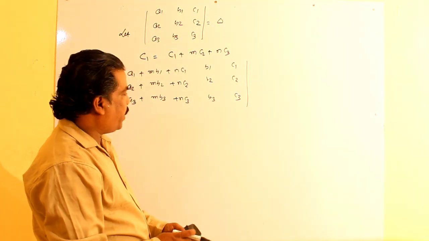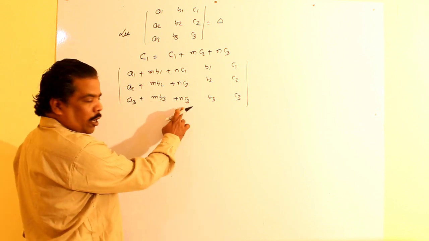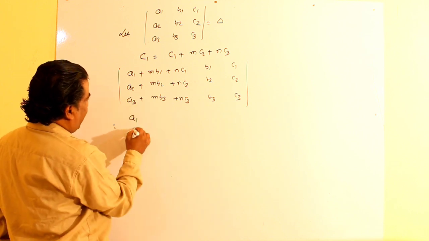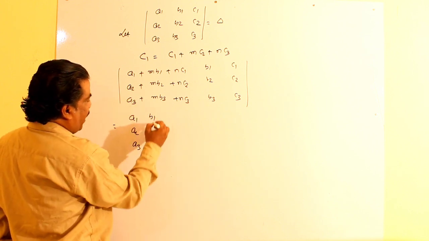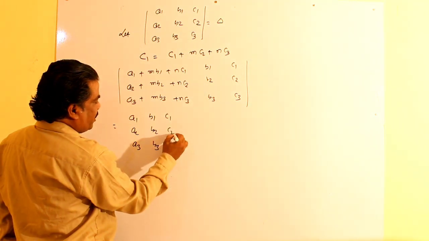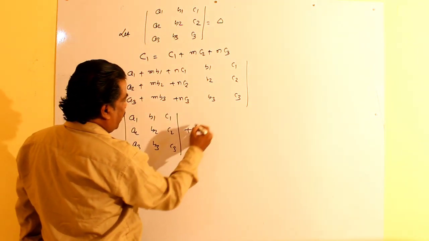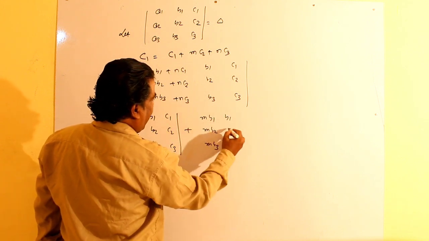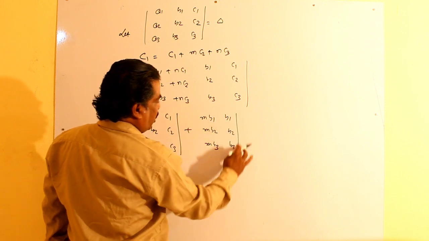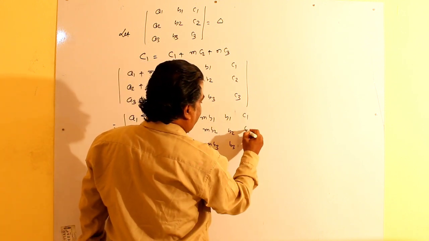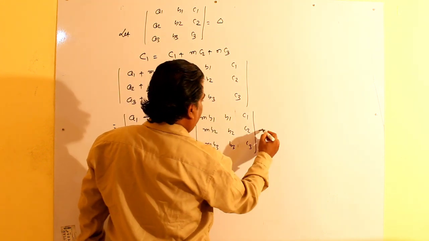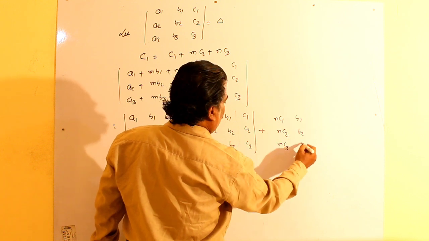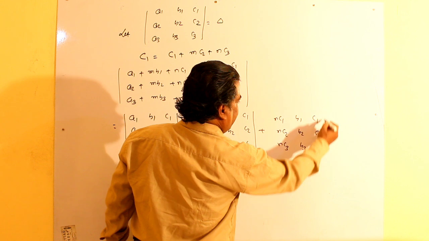Now in the previous rule we know that if a determinant consists of three terms, it is expressed as the sum of three determinants: A1, A2, A3, B1, B2, B3, C1, C2, C3 plus MB1, MB2, MB3, B1, B2, B3, C1, C2, C3 plus NC1, NC2, NC3, B1, B2, B3, C1, C2, C3.